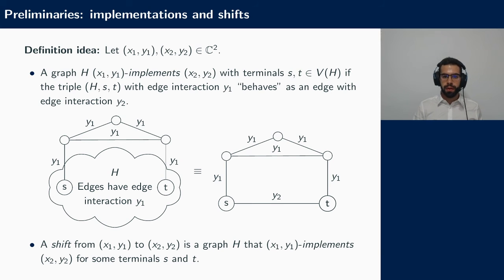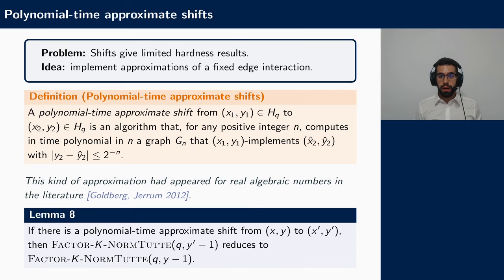So now that we have this notation, actually the issue here is that shifts give limited hardness results. The reason for that is that we cannot expect to be able to give a shift from any point with non-real numbers to some fixed points where we know hardness, okay?